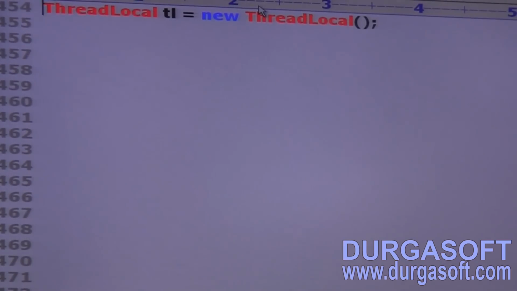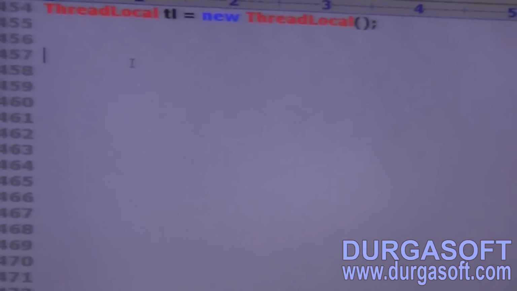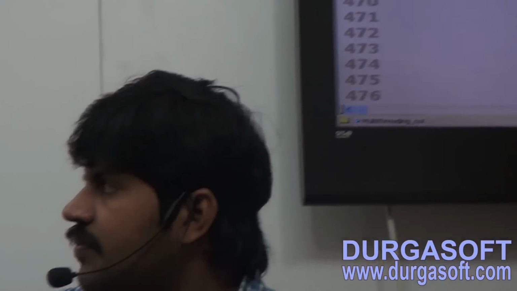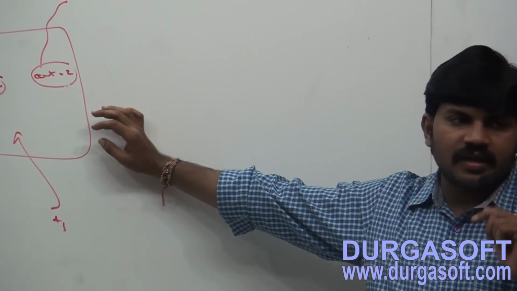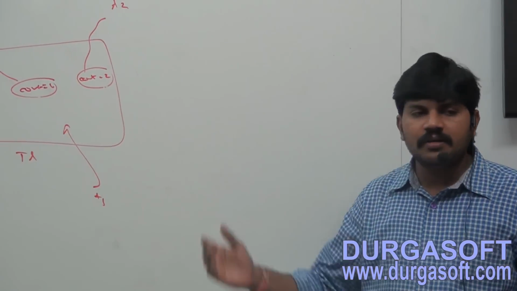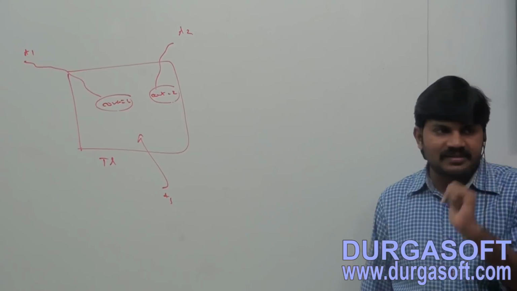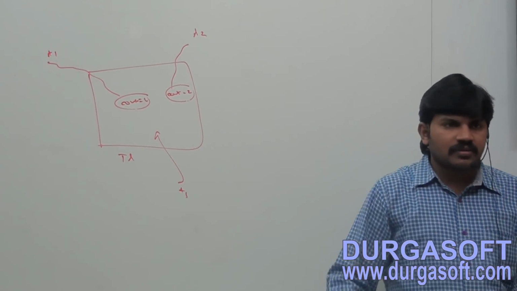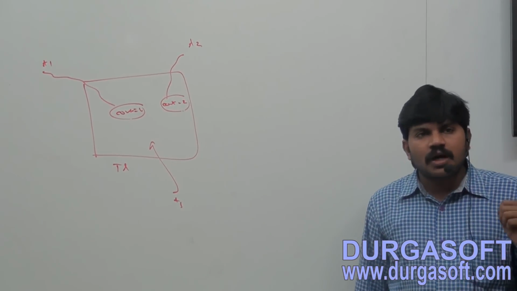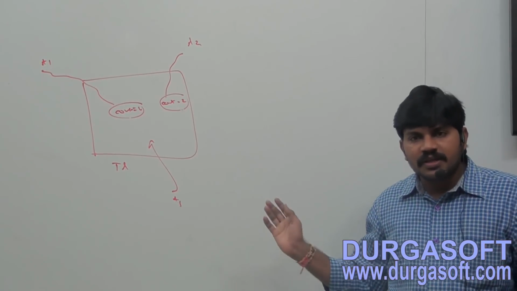Next, methods. Sir, what are the various methods related to that? A thread can ask, can you please tell my value? For that we use get, a method. Next, can you please provide my initial value?